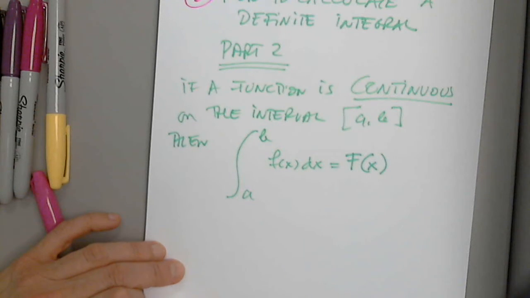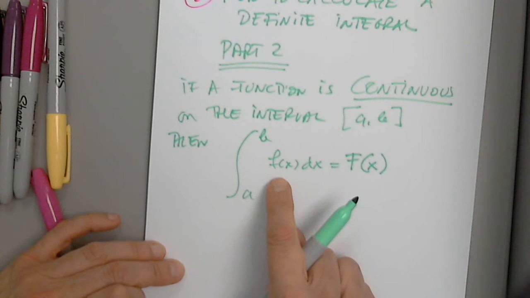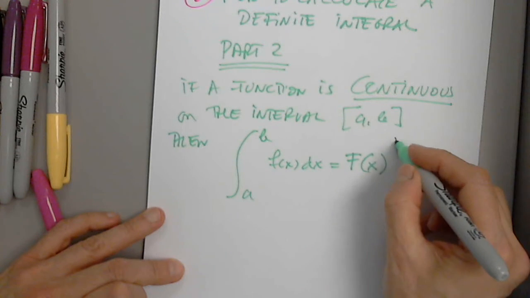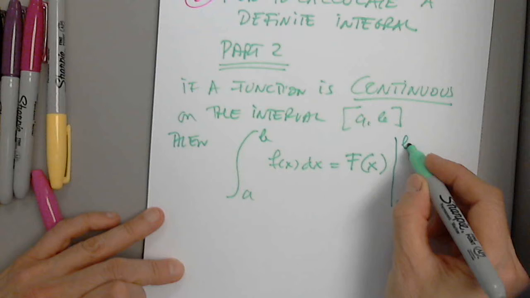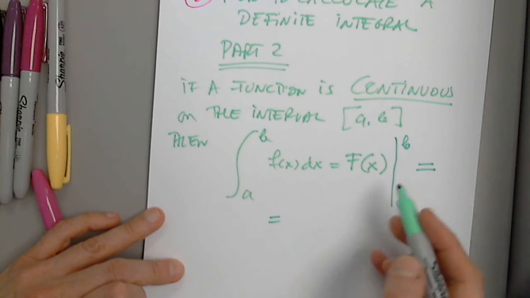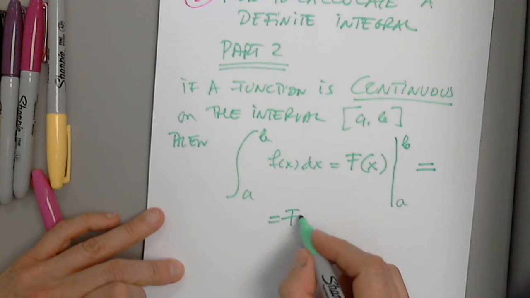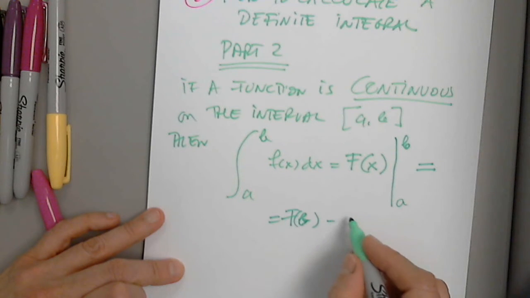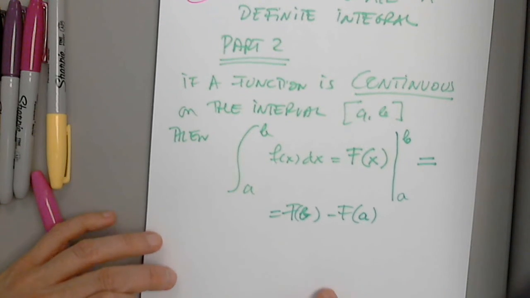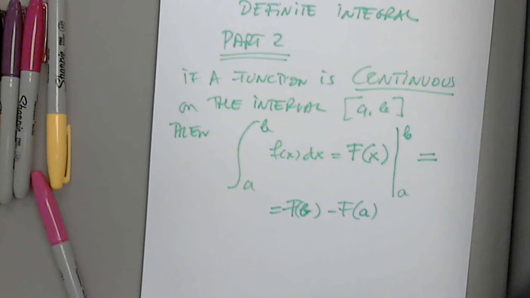Yes, Ricky? The antiderivative of f of x calculated from a to b, which really means we plug in the upper limit, f of b, minus when we plug in the lower limit. And we are going to practice this on as many functions as we can.